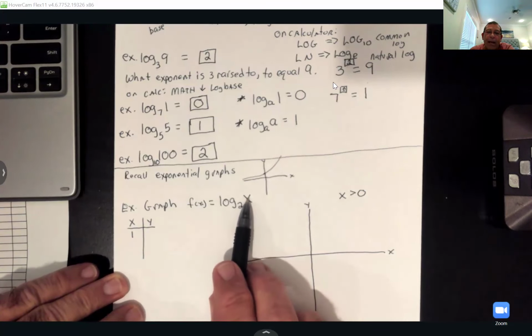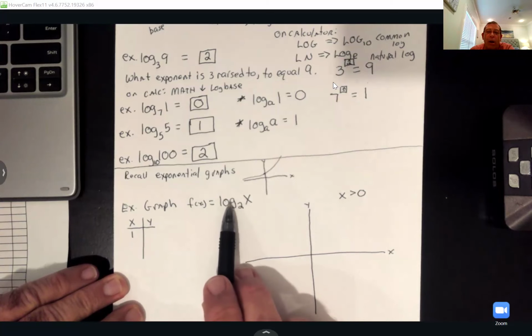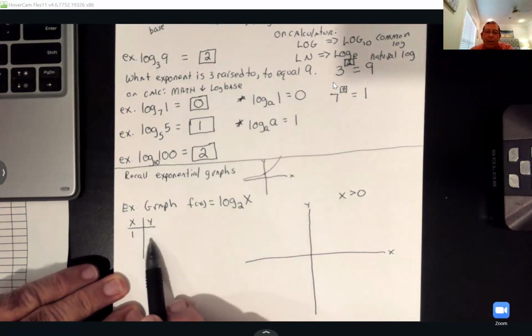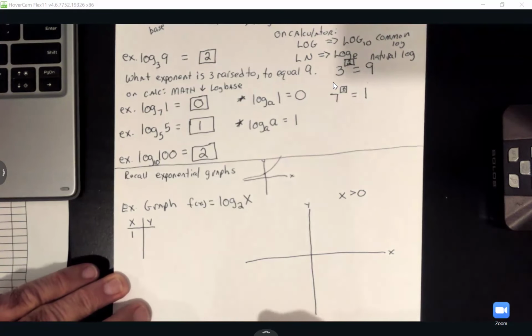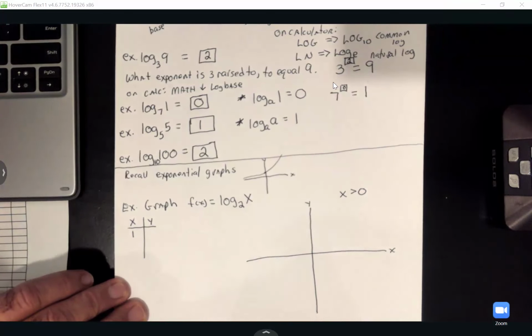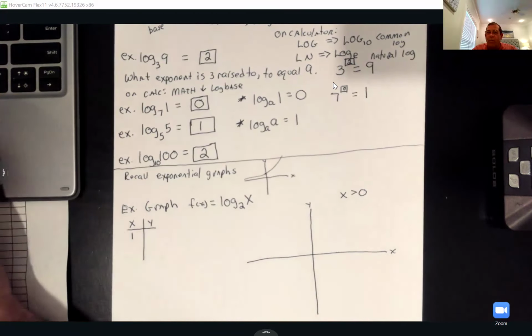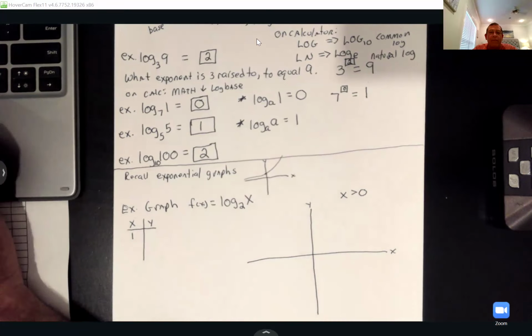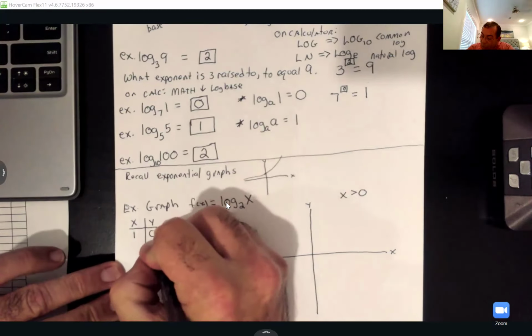Now, if I put a 1 in for the x, what's it equal? Log base 2 of 1. What would that give me? I got a NaN. A what now? When I tried to put that in a calculator, it gave me not a number. Or you put log base 2 of x? Yeah. Okay, Vita, you got it. It is 0. Remember up here we said no matter what the base is, if we put a 1 in for that result, we get a 0 for the y.